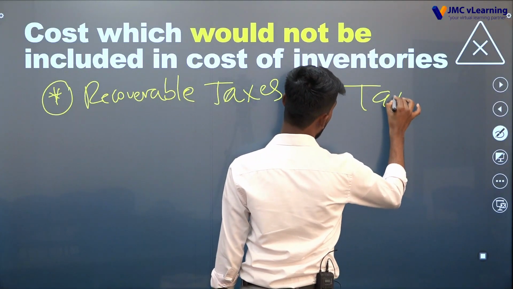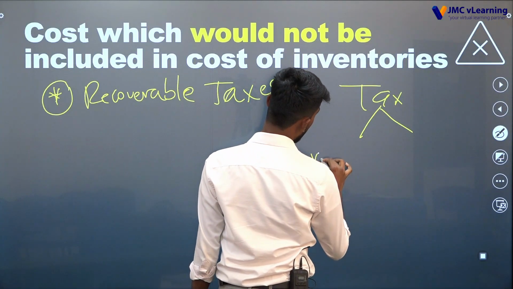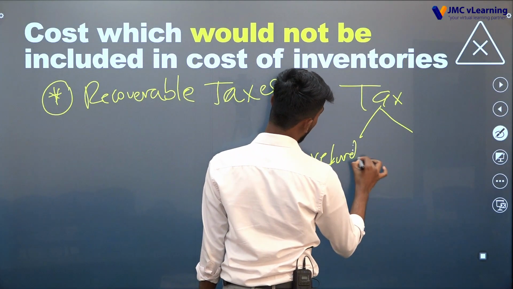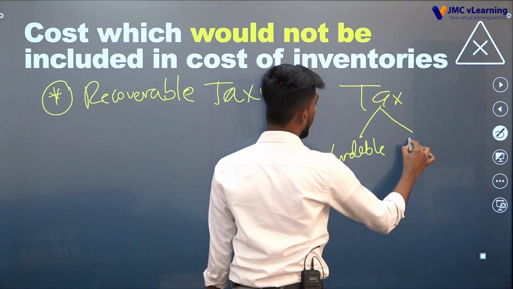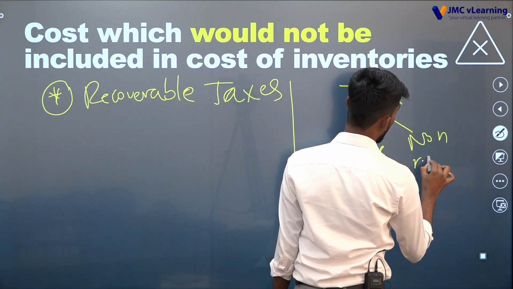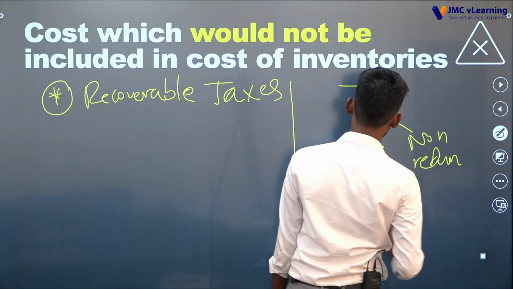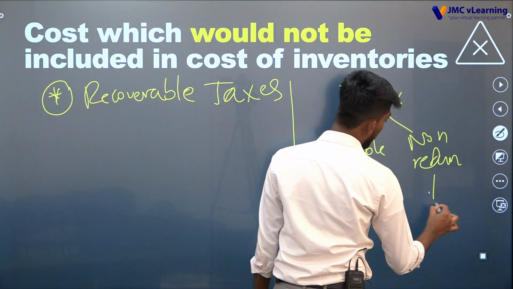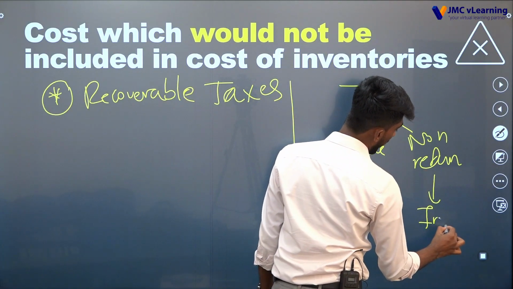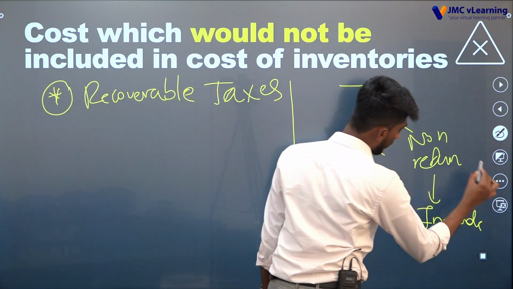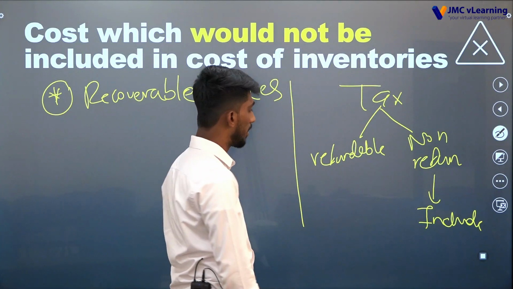So here this is how the summary goes. We have taxes. If the tax is refundable or recoverable, or non-refundable. Make notes, okay. If the tax is non-refundable, we can include in the cost of the inventory.